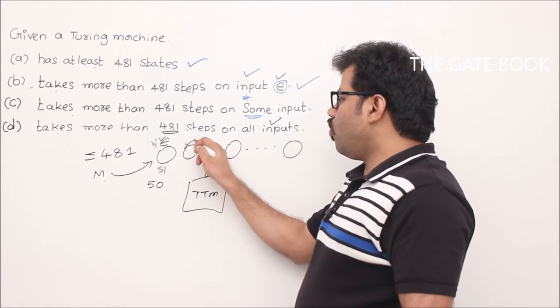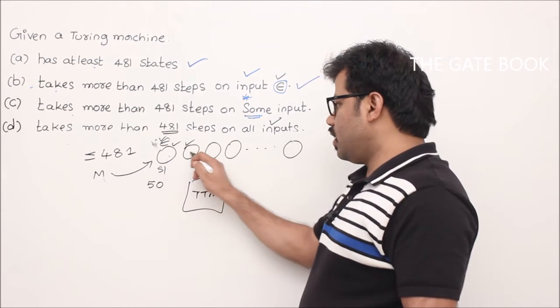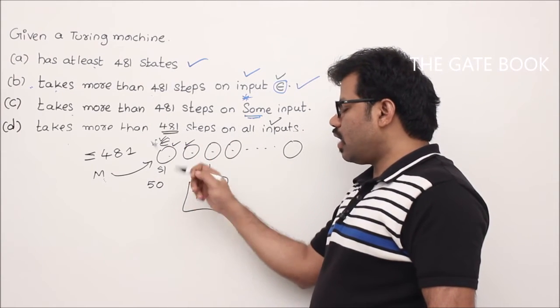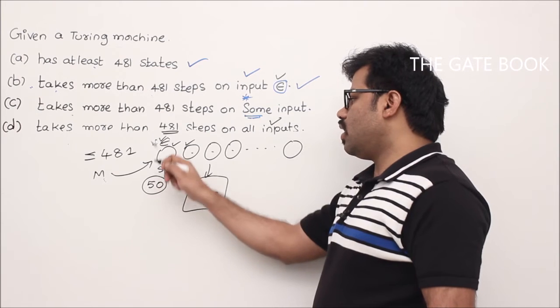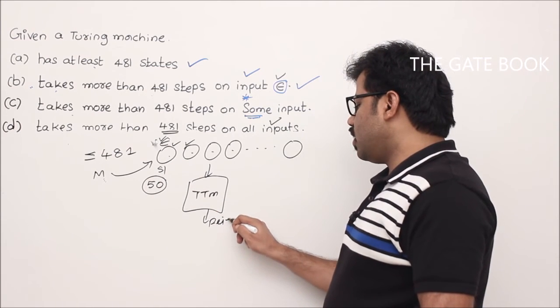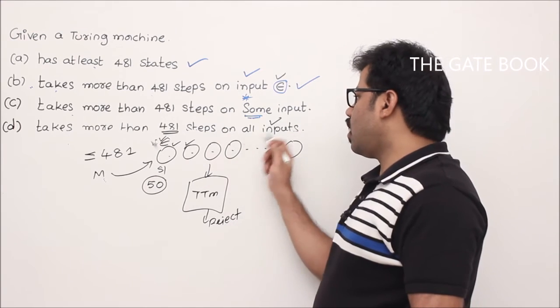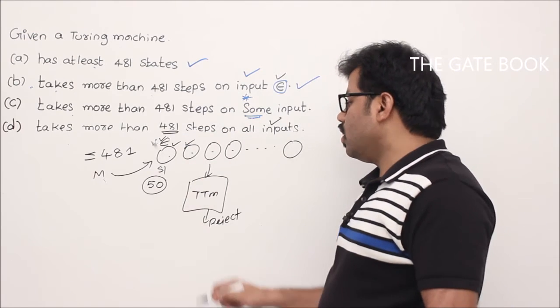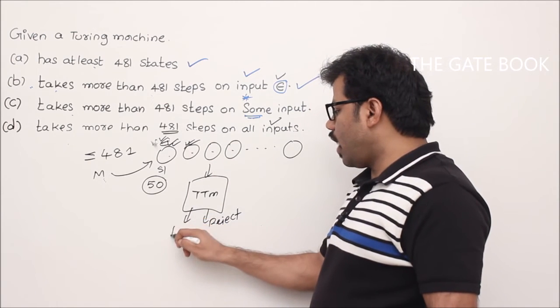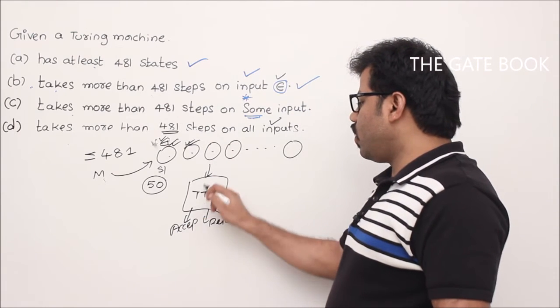So what you do is simulate your Turing machine on each and every input. If any input halts with fewer than 481 steps, then stop and reject the Turing machine, saying that not all inputs take more than 481 steps. If all the inputs take more than 481 steps, then go to the accept state. In that way we can have a total Turing machine.